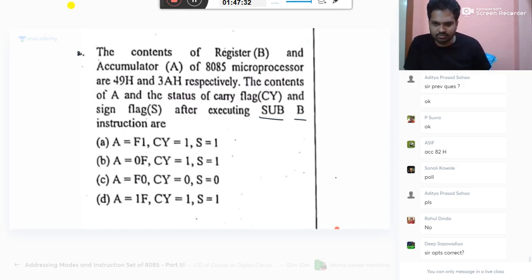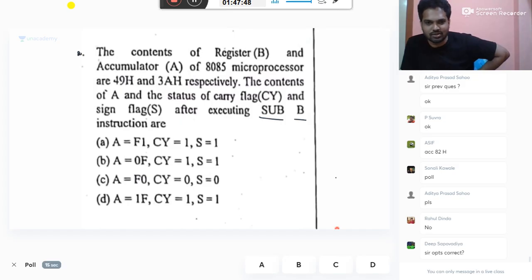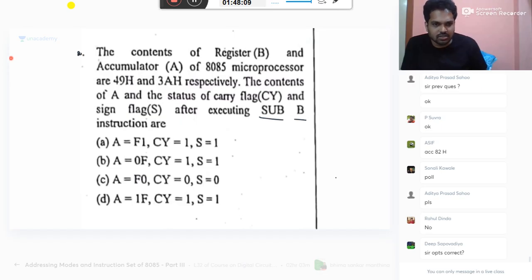Okay. See here. Register B is having 49. What is the 2's complement of 49? 49 means 0 1 0 0 1 0 0 1. Don't take A as 49 and B as 3A. So the 2's complement of 49 is 1 0 1 1 0 1 1 1. You add this with A. Subtract B now. Then what happens? A is 0 0 1 1 1 0 1 0, that is 3A.